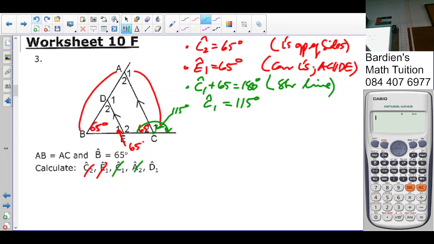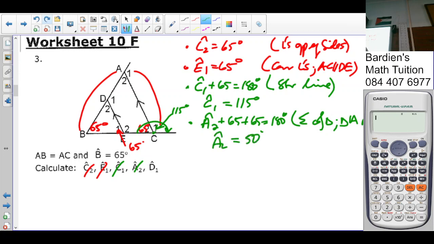A2. So what are you going to use there? Sum of triangles. You see that triangle there? So 65 plus 65 plus A2 adds up to 180. Sum of triangles, and it's triangle ABC. So A2 is equal to 180 minus 130, which is 50.